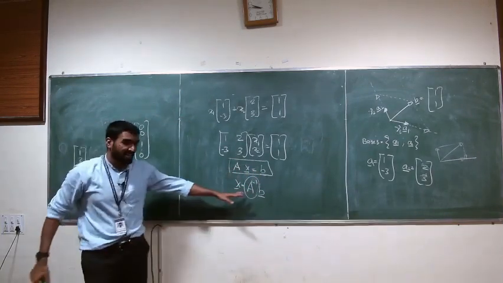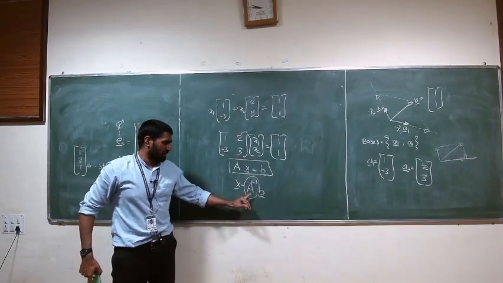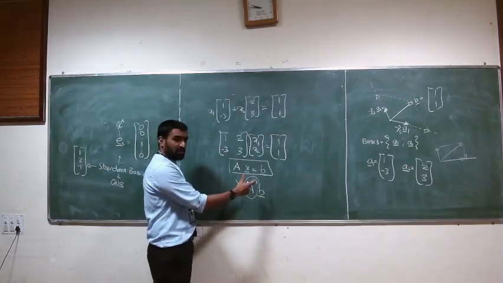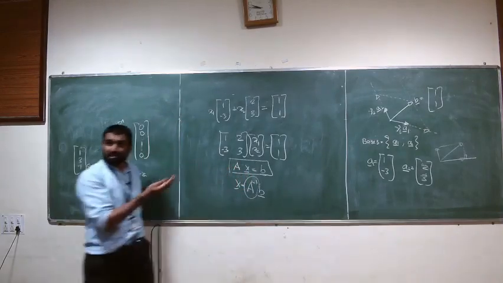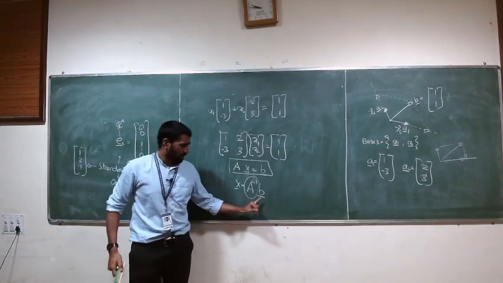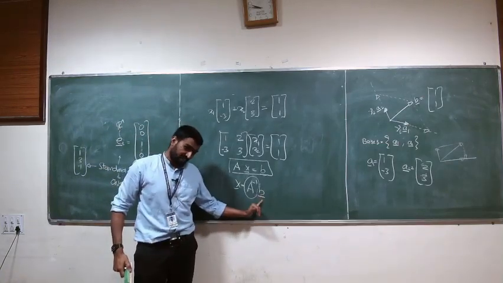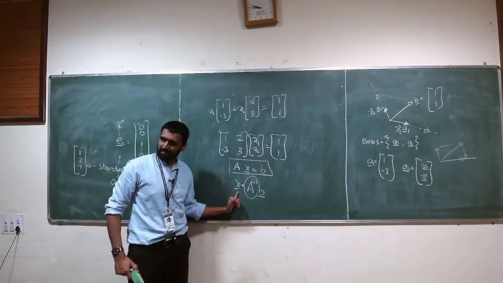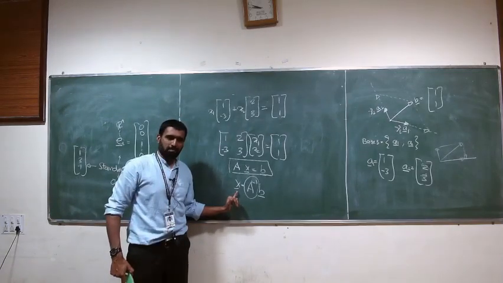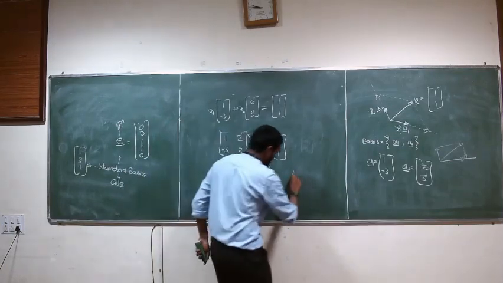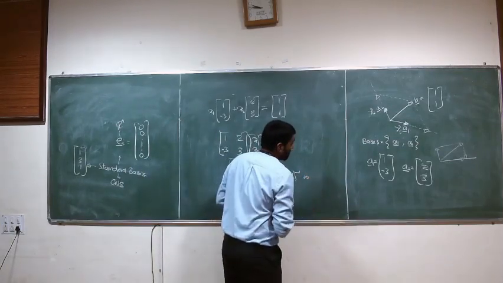So now when you see A inverse, one possible interpretation could be you are simply changing the basis of B from the standard basis to which basis? The basis formed by the columns of A. That's one interpretation of A inverse. Let me write it down.